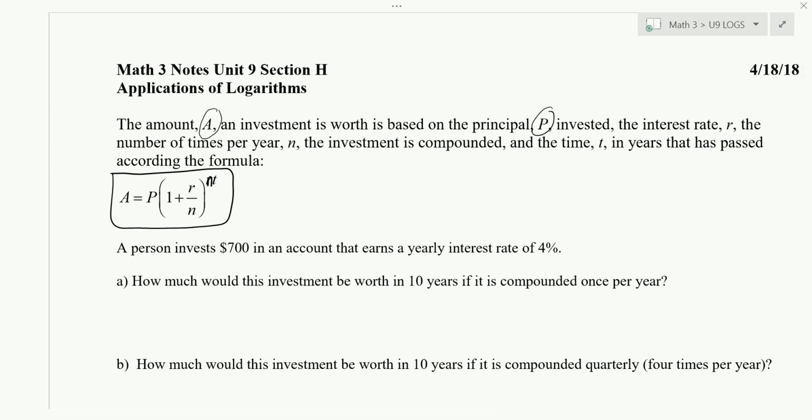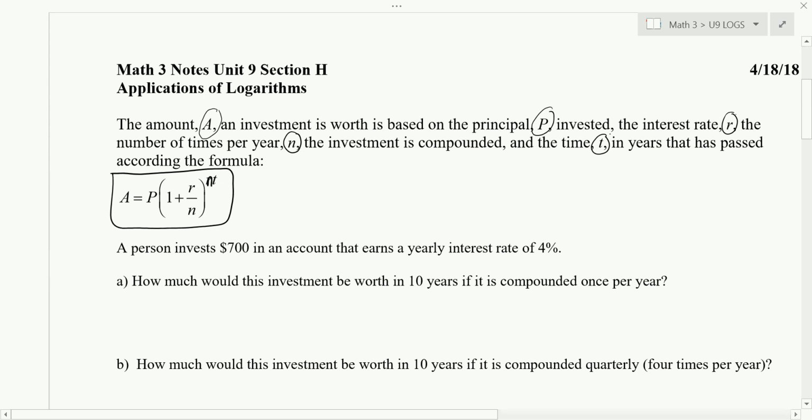It's not like you're paying every month, because if you're paying every month, the formula gets a lot more complex. So we're just working with some simple formulas right now. R is the interest rate you're working with. N is how many times in that year they compound the interest, and I'll talk a little bit about what that means in a second. And T is how many years that investment is in.